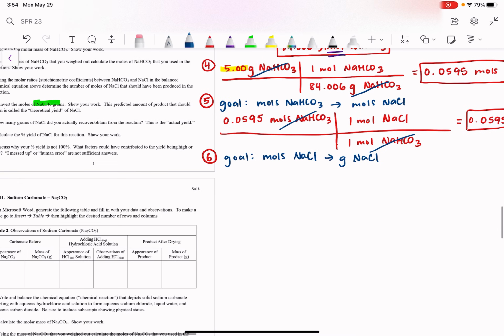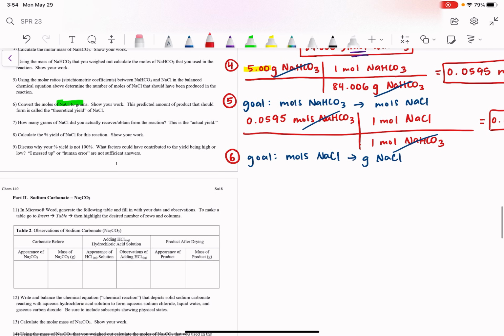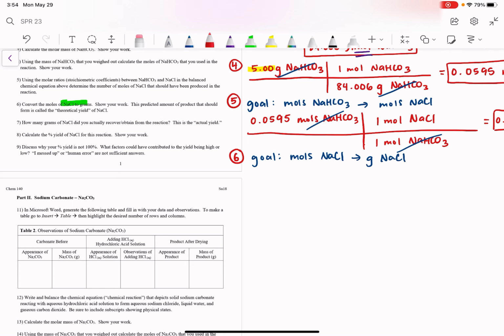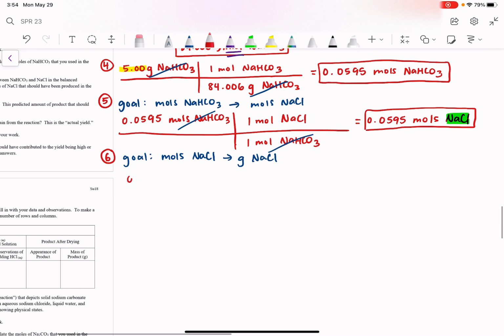We're going to use the moles we just calculated, 0.0595 moles NaCl, and we want to get now to grams. What connects moles and grams? Yeah, molar mass.